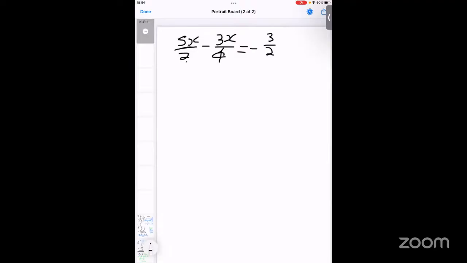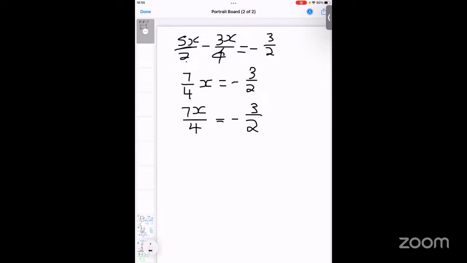Then we said, what did this 2 give us, Manahil? 7 over 4. Yes, sir. 7 over 4x, which equals -3 over 2. So remember, this is the same as that. Do you agree there, Manahil? Yes, sir.